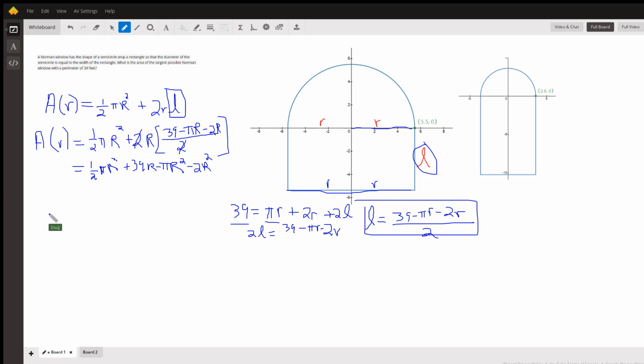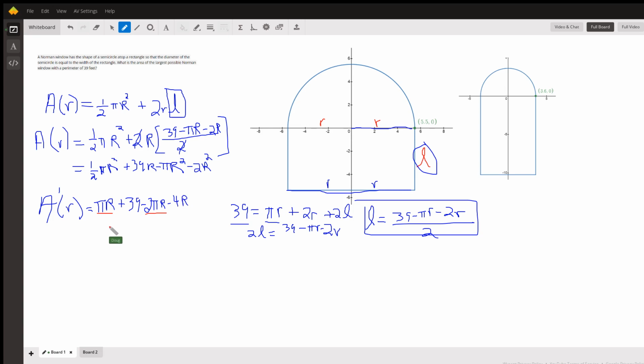So A prime of r is going to equal, with respect to r, the derivative here is pi r, 39 for the second term, minus 2 pi r minus 4r. And these two terms right here can be combined.